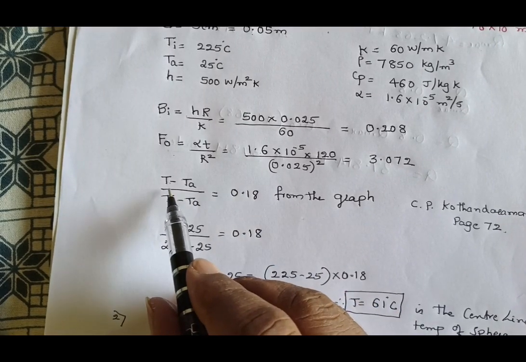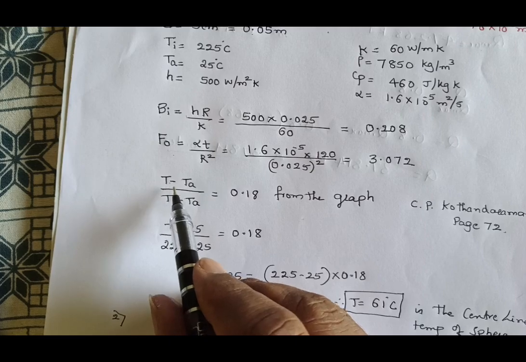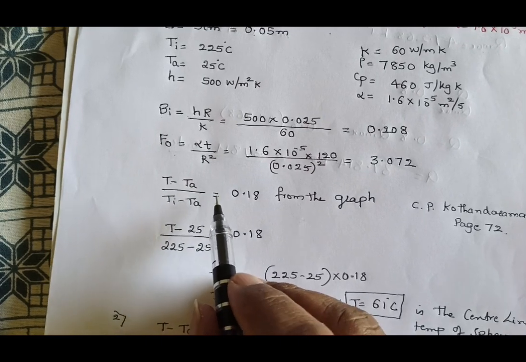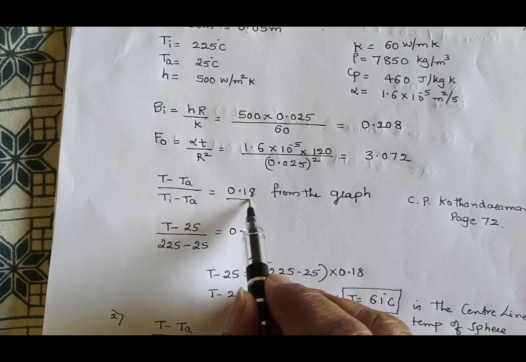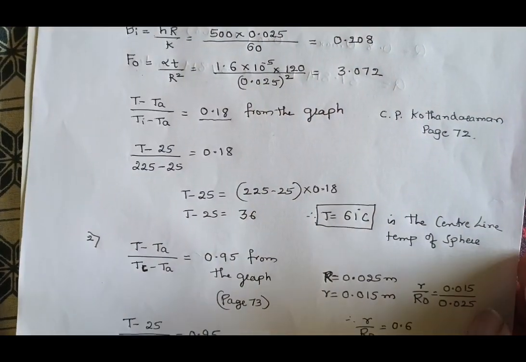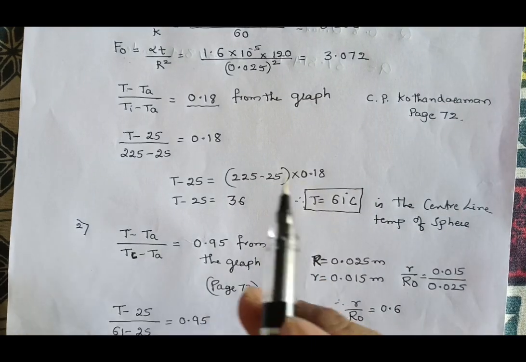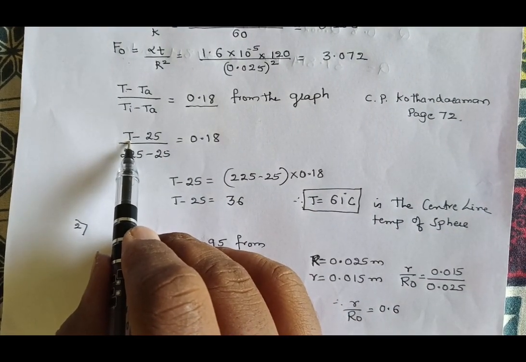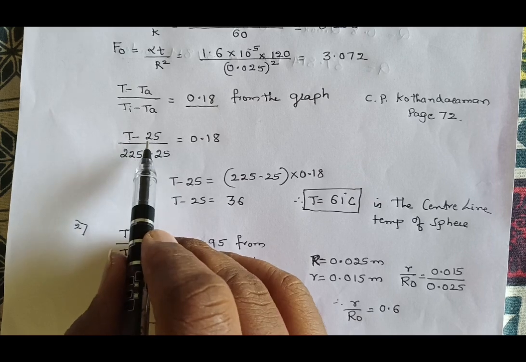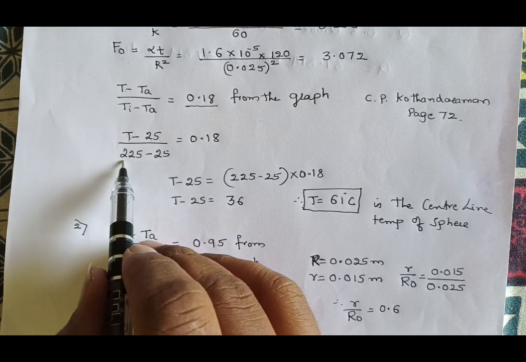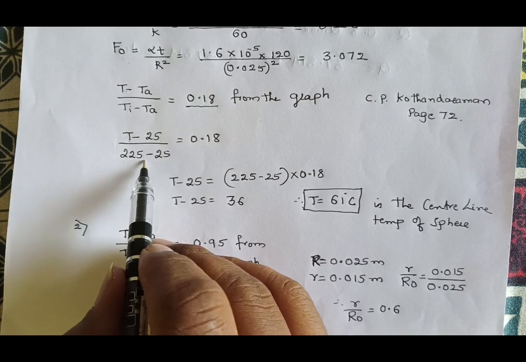On the y-axis, the values of (T minus TA) divided by (Ti minus TA) are given. This value we have taken from the graph. Here T is the centerline temperature of the sphere, where TA is the ambient temperature and Ti is the initial temperature of the sphere.